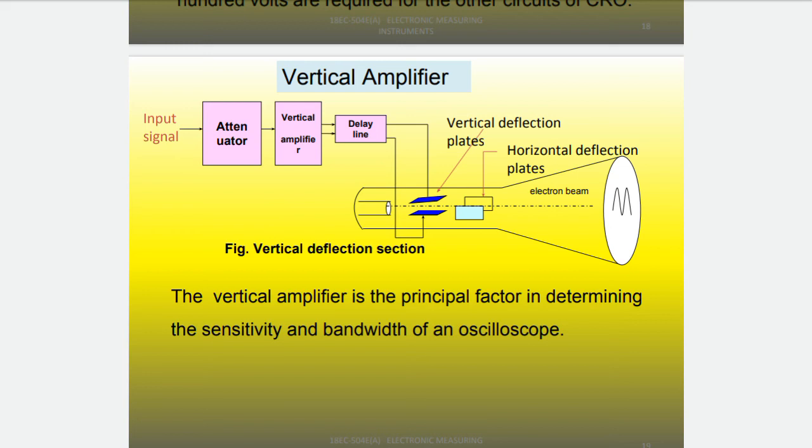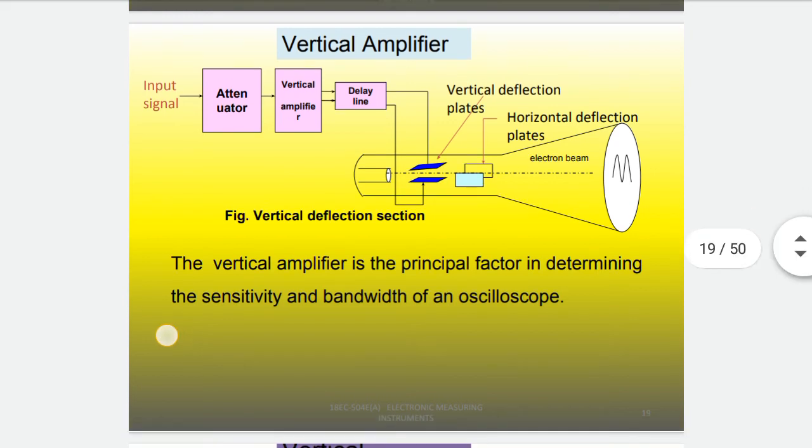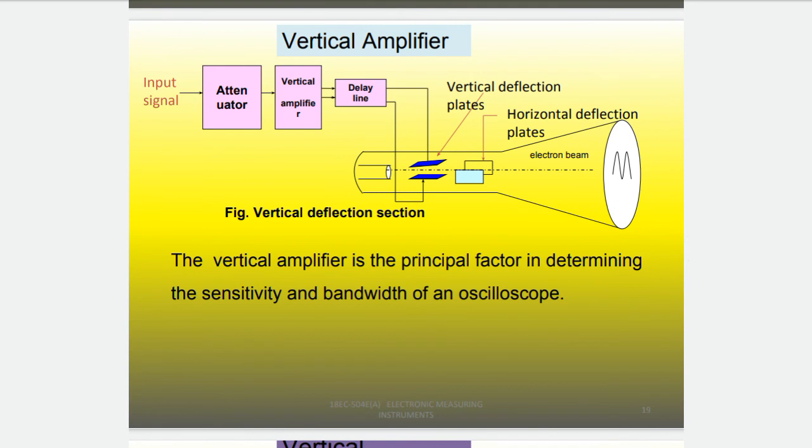That means the vertical amplifier internally consists of an attenuator, a FET amplifier, and also the push-pull amplifier. The FET amplifier is used in the vertical amplifier section because of its high input impedance, and the push-pull amplifier is at the output stage.